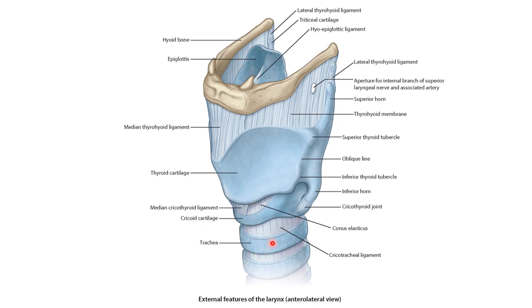Okay, so there is a membrane that connects the hyoid to the epiglottis. And you will appreciate that if, for example, you are swallowing food, the epiglottis will fold posteriorly to cover the entrance of air so that food does not go into the respiratory tract.